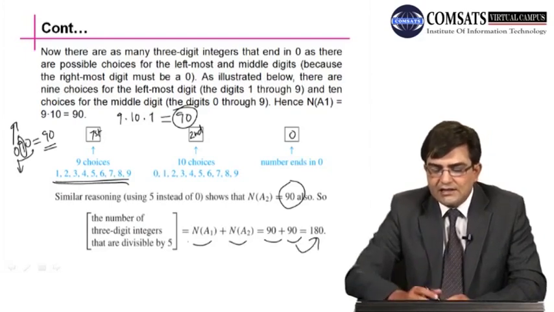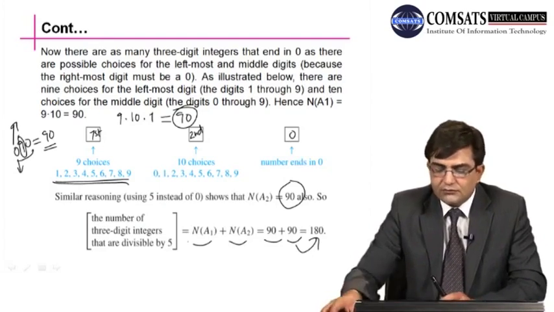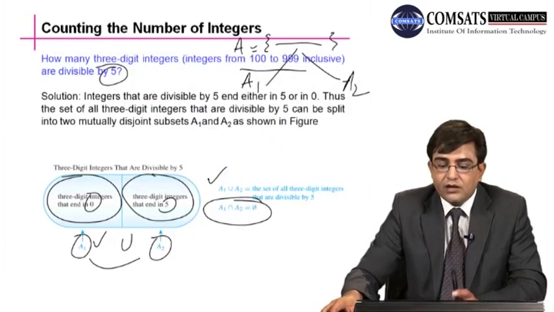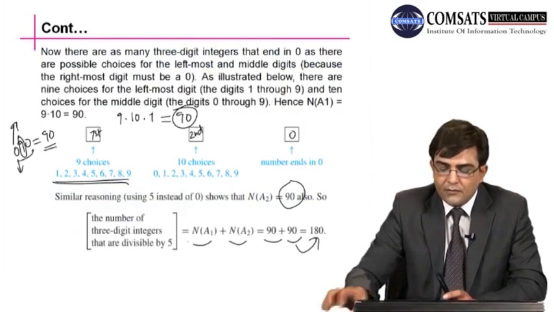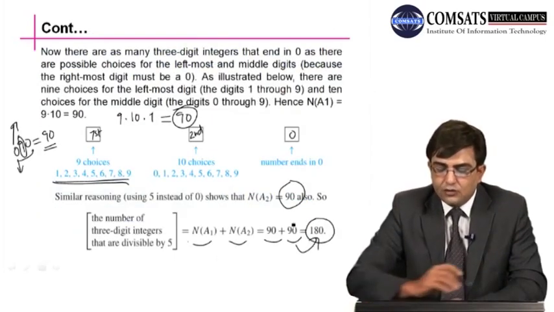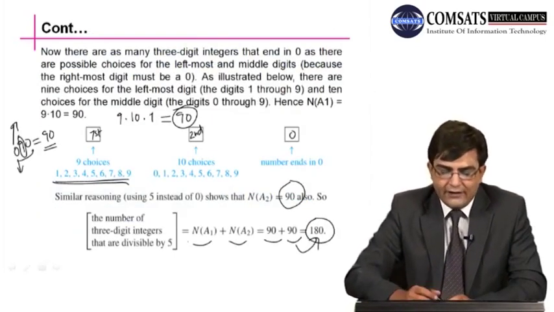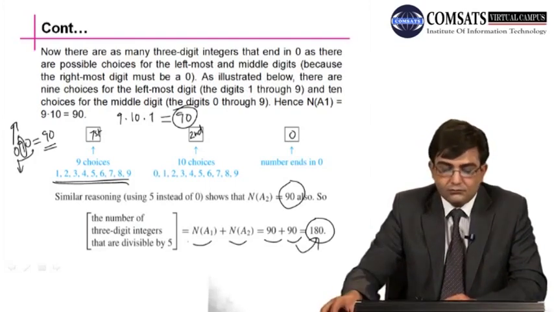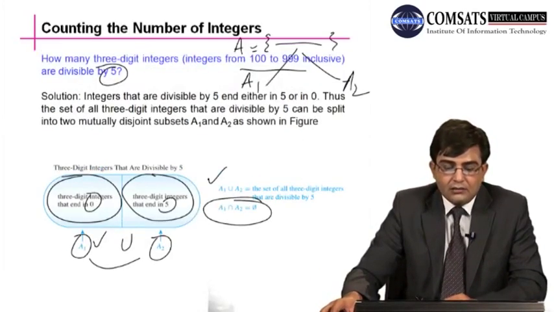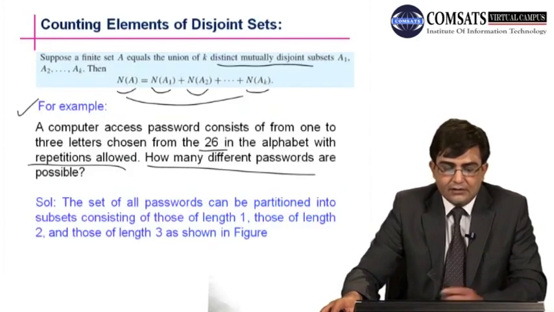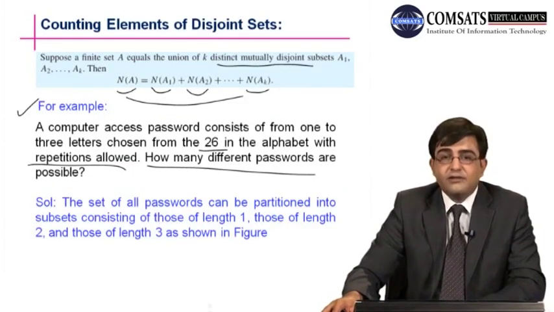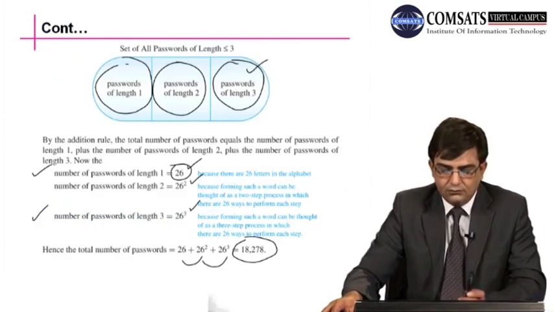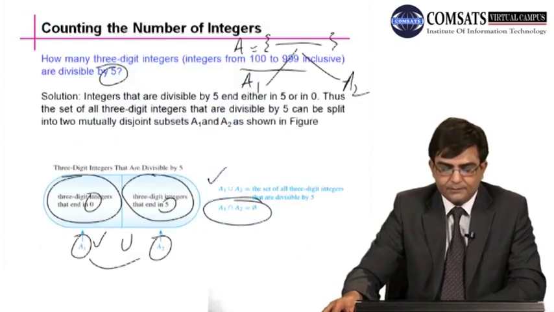So 180 integers among the 3-digit integers from 100 to 999 are divisible by 5. This is how we can calculate the number of integers by counting elements of disjoint sets, using this definition.